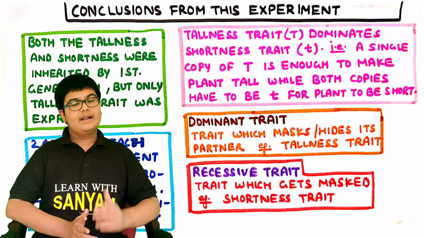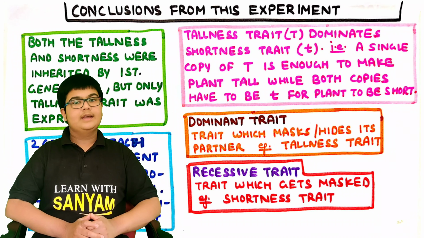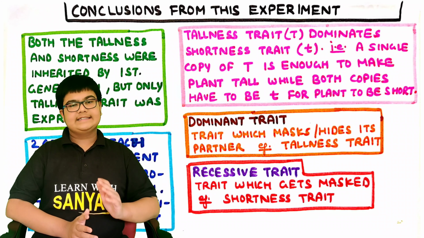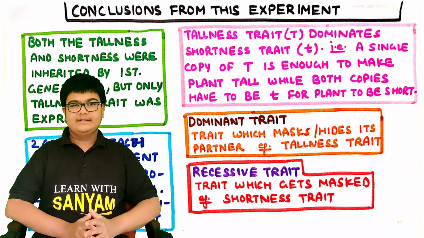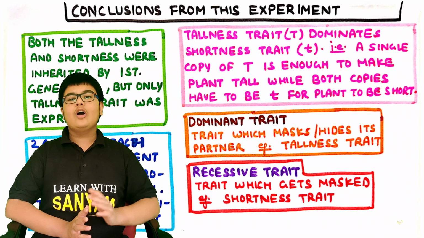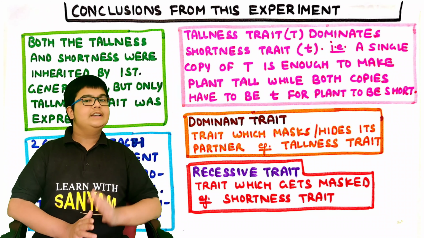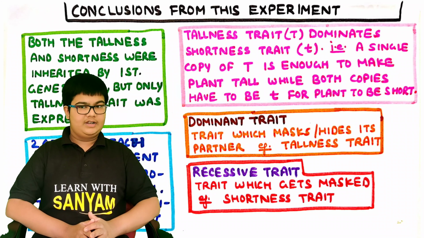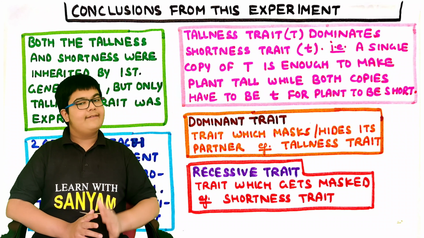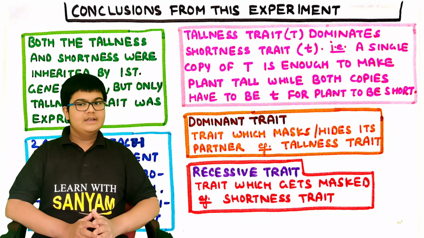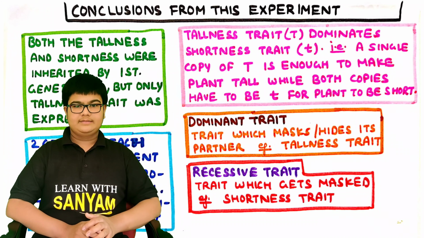These copies are known as genes. The tallness trait, capital T, dominates the shortness trait, small t. A single copy of the capital T trait is enough to make the plant tall, while both copies have to be of the small t trait for the plant to be short.